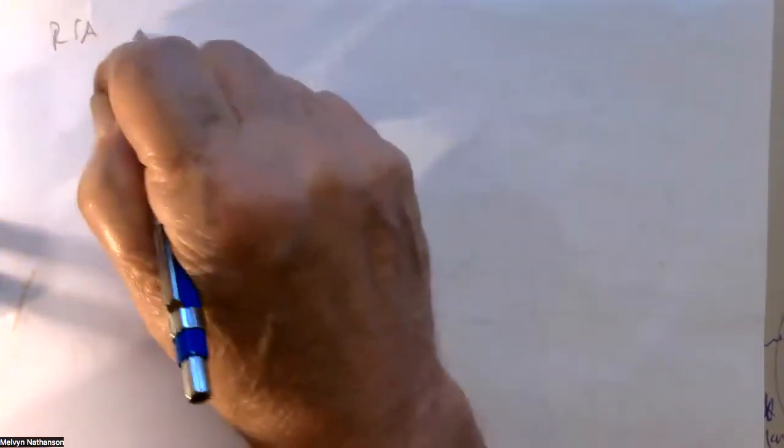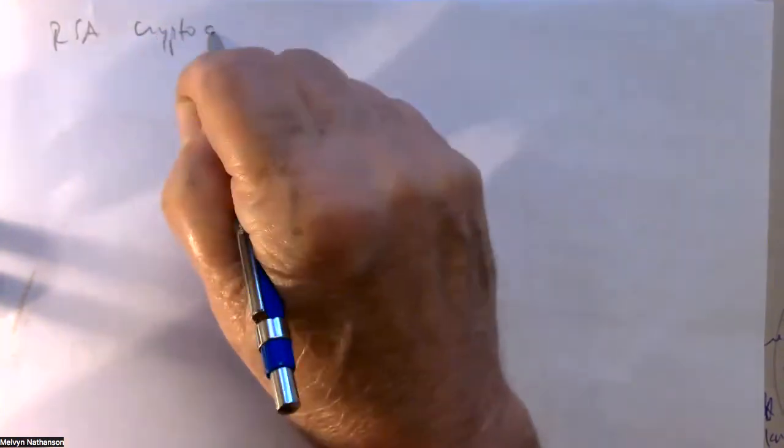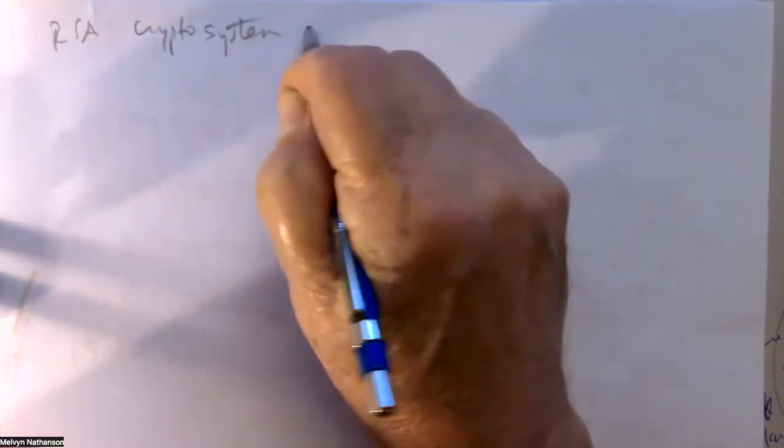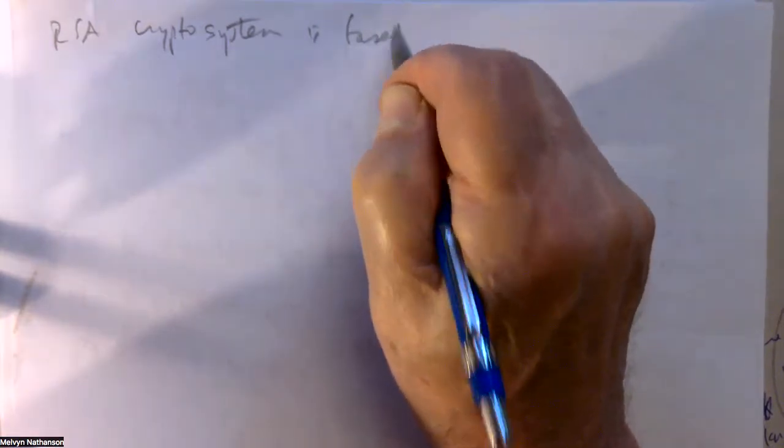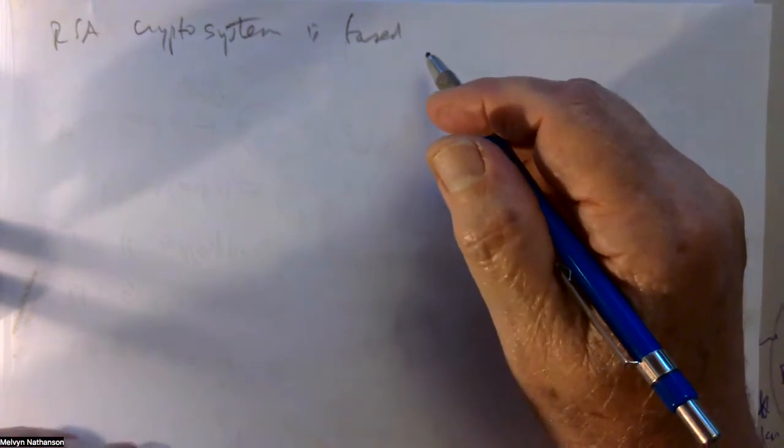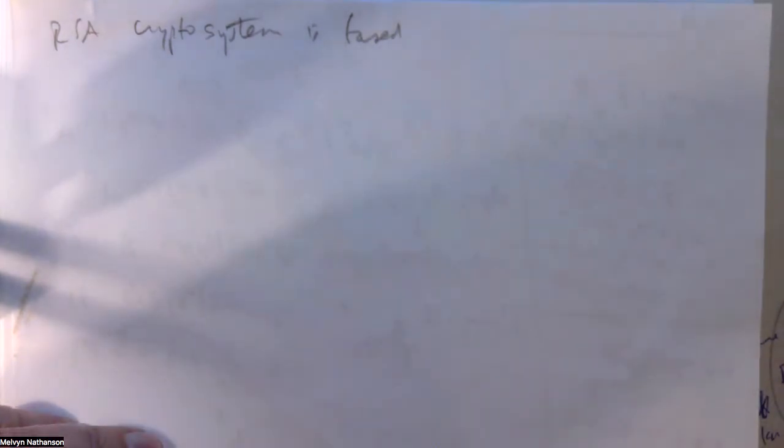Now, the RSA crypto system is based on the following equation or congruence.